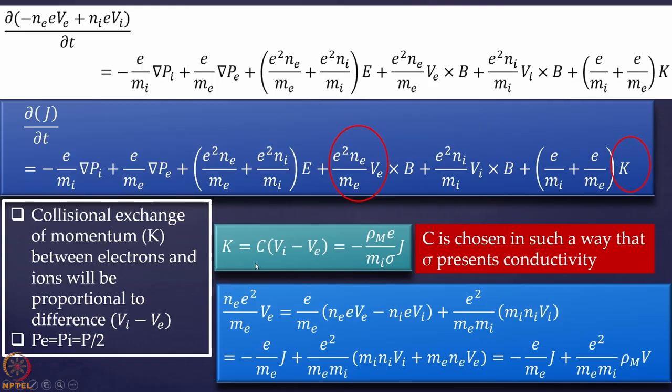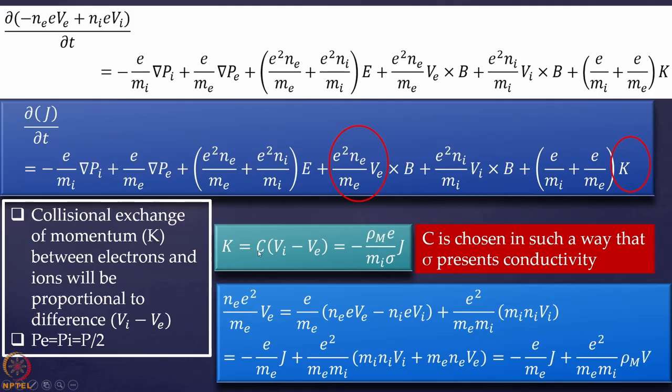Now this term V_i minus V_e: here you can see that N_e e V_e and N_i e V_i, this was J. If you are assuming a fully ionized plasma, then N_e equals N_i and e is common, and you can see that the current density is basically depending on the V_i minus V_e term.